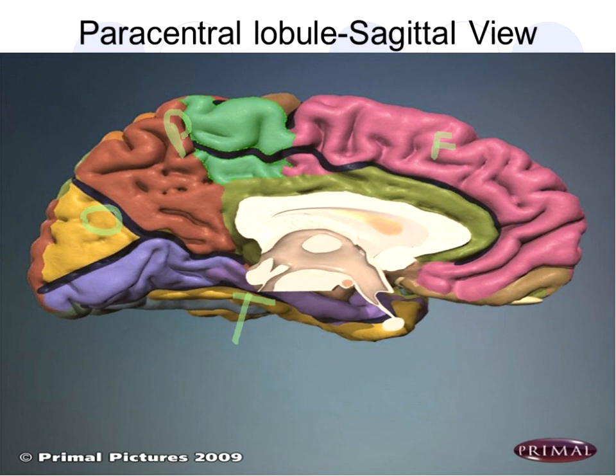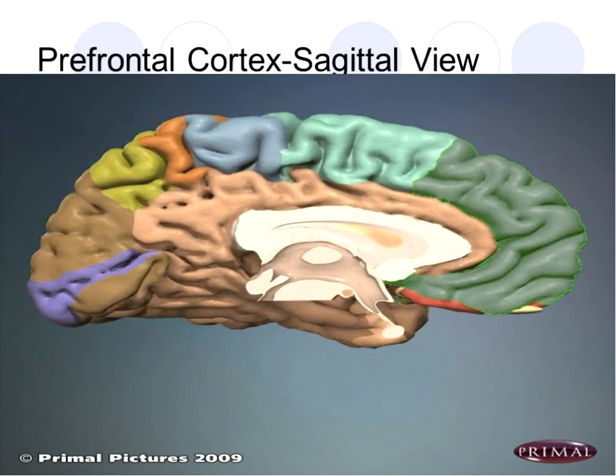So that's this green area here. It is surrounding this central sulcus, or this is the fissure of Rolando. So that's the Rolando fissure. Okay, and the paracentral lobule means by the central lobe. That's what it means. Okay? All right. Any questions thus far?